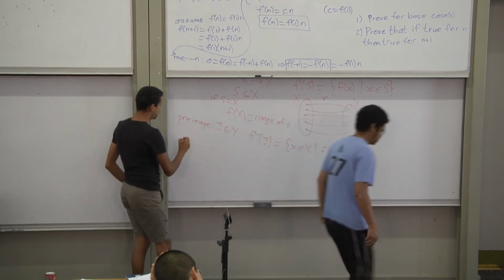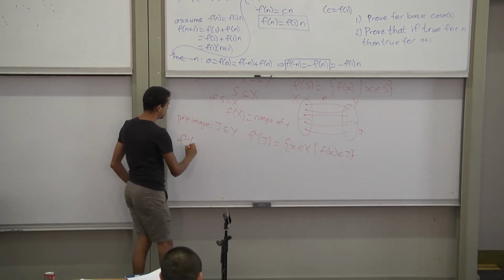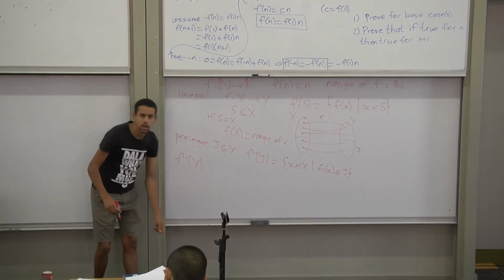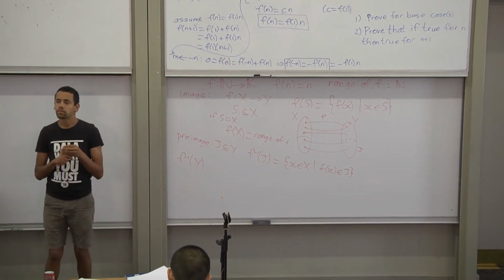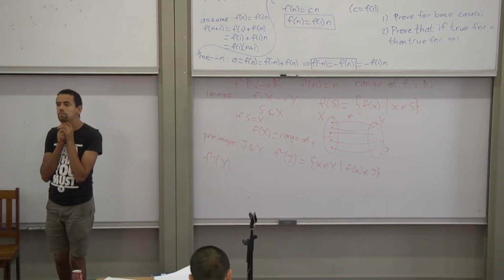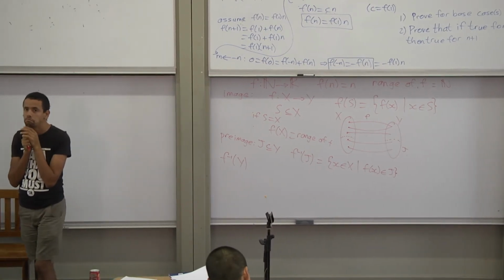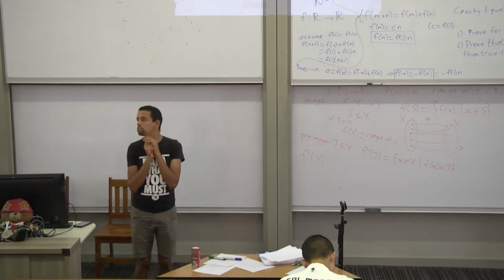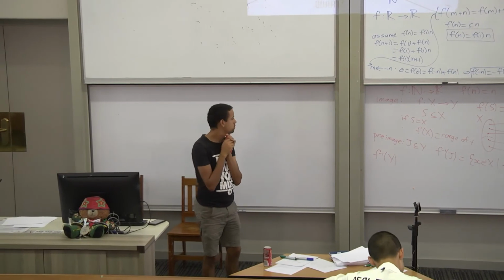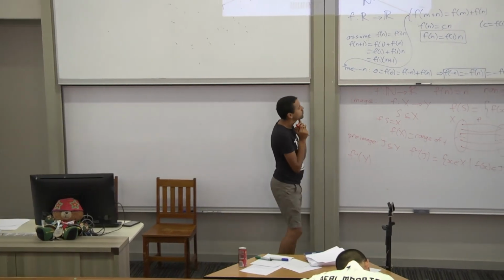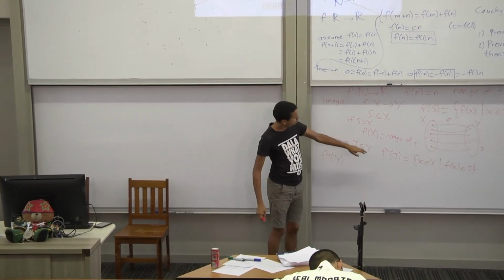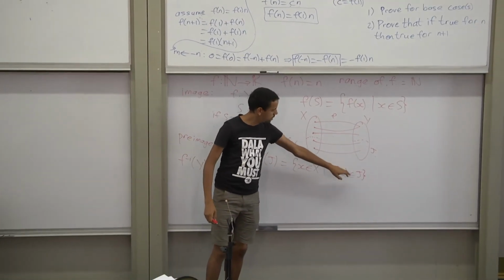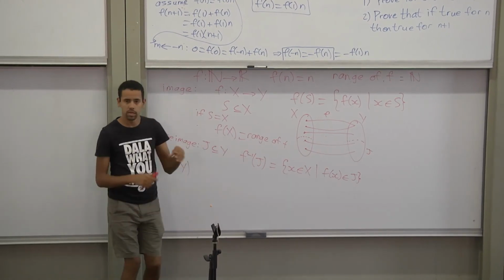Okay, what happens if we look at the pre-image of the whole codomain Y? What do we get? So we want the set of all x in your domain such that f of x is in the codomain.